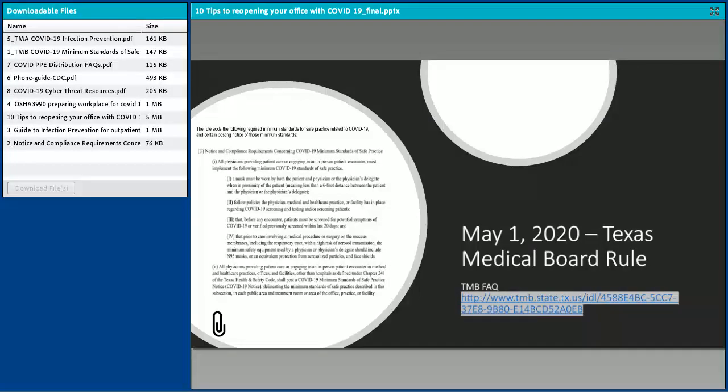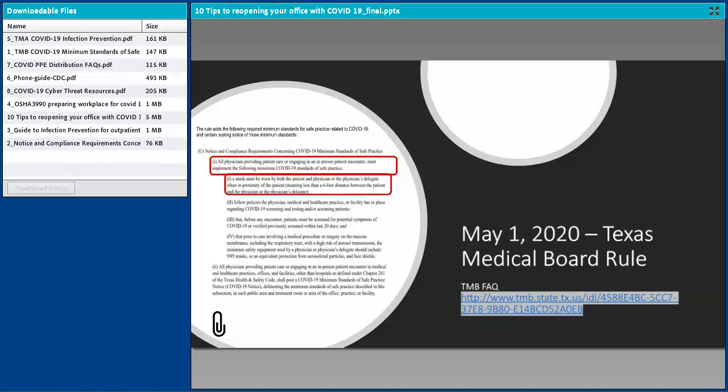So as we get started, the first thing that we'd like to note is on May 1st, 2020, the Texas Medical Board rule was put forth, and this rule puts forth some minimum standards for safe practices that are required by each practice. All physicians providing patient care or engaging in an in-person patient encounter must implement these standards.